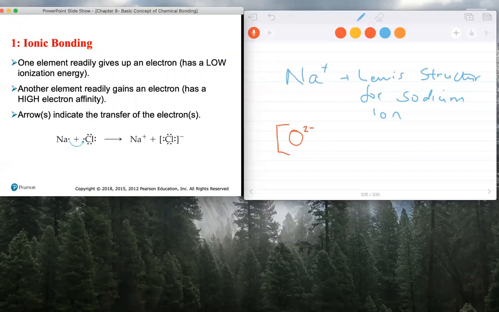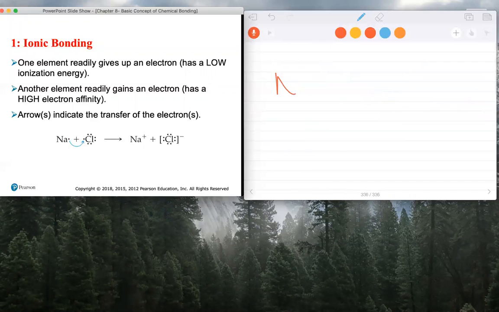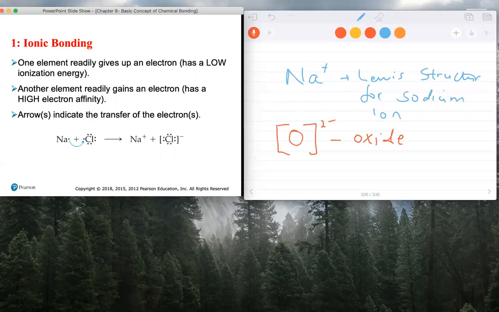For oxide, and for nitride, that means it has gained 3 electrons. And by the way, this is 1, 2, 3, 4, 5, 6, 7, 8.